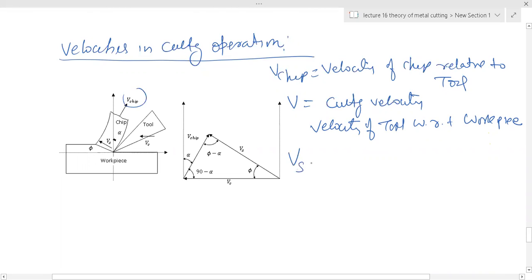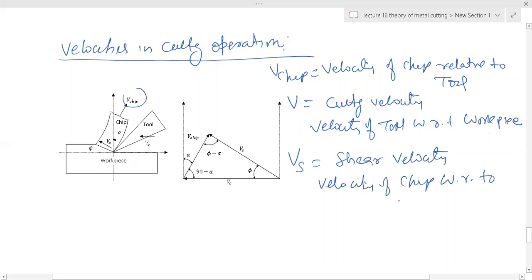And then you have one more velocity that we call shear velocity. It is there in the notes, everything is there in the notes. Shear velocity is the velocity of chip with respect to the workpiece.